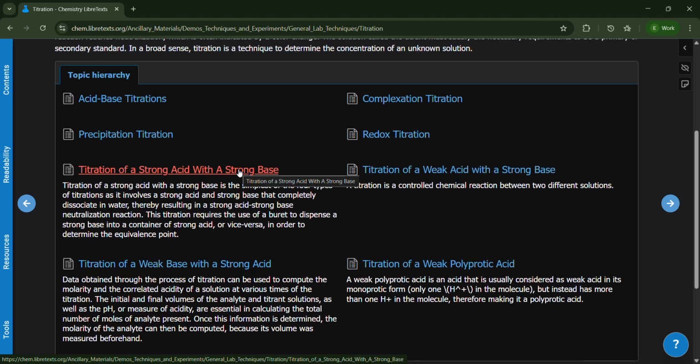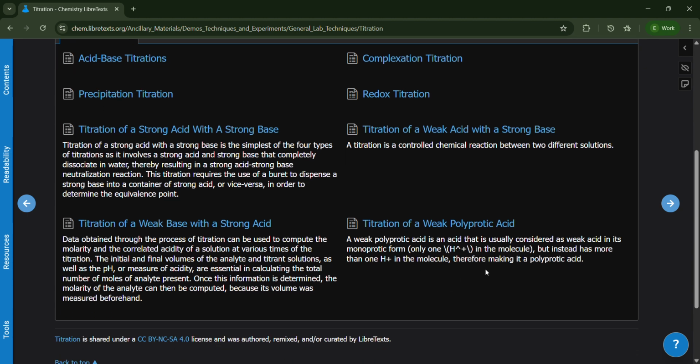So there are acid-base titrations, precipitation titrations, titration of a strong acid with a strong base, titration of a weak base with a strong acid, complexation titration, redox titration, titration of a weak acid with a strong base, and titration of a weak polyprotic acid.